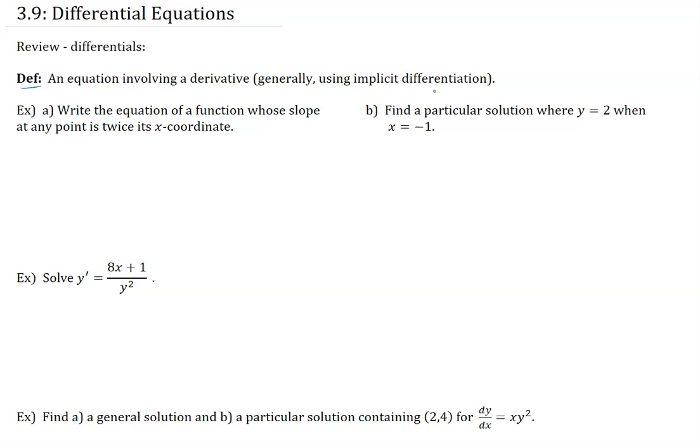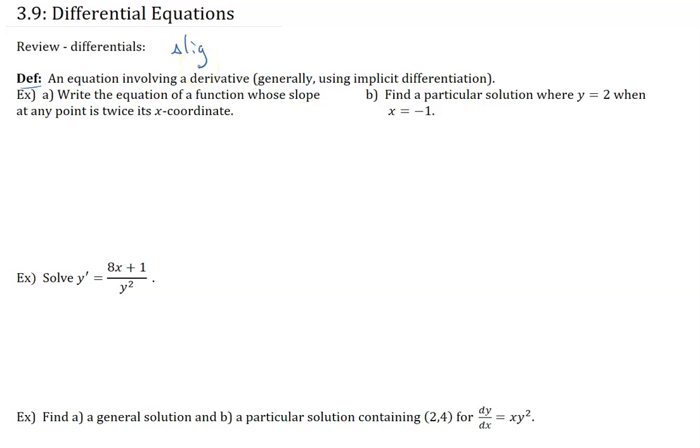But really what we need to think about when we're thinking about differentials are slight changes in x or in y. And if you remember, dy is equal to f prime of x, the derivative of x, times dx.